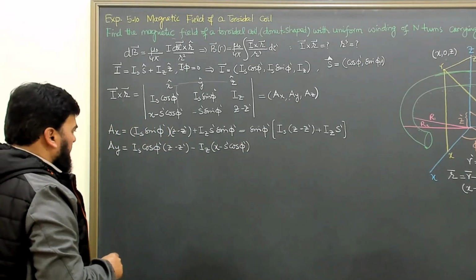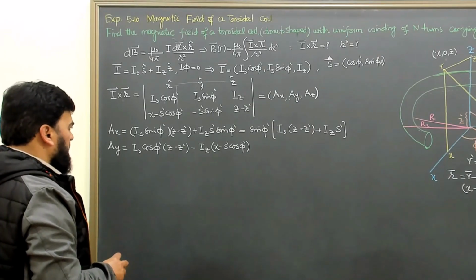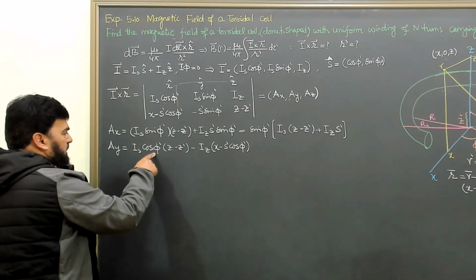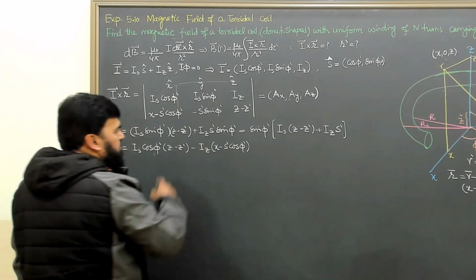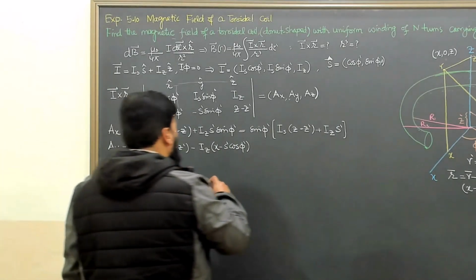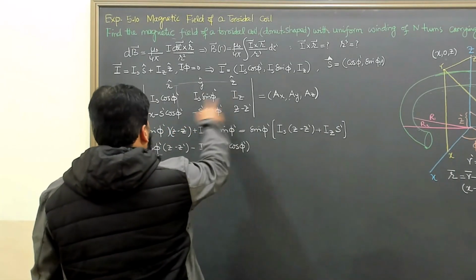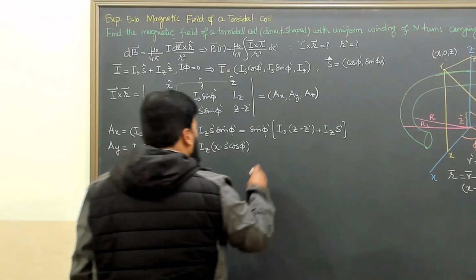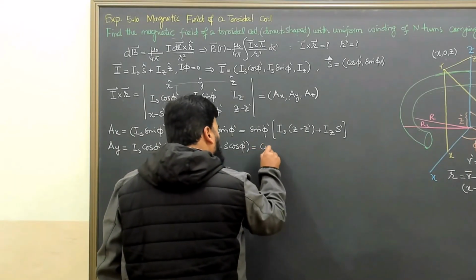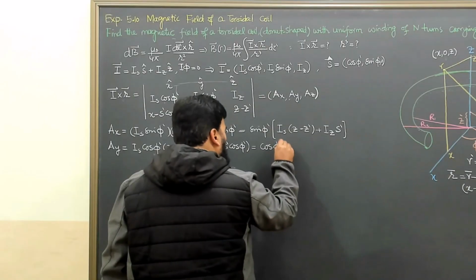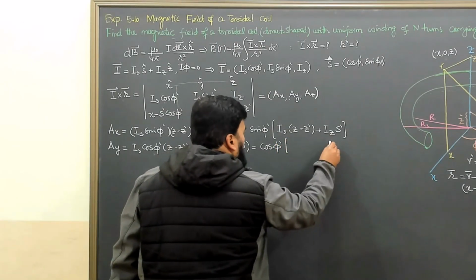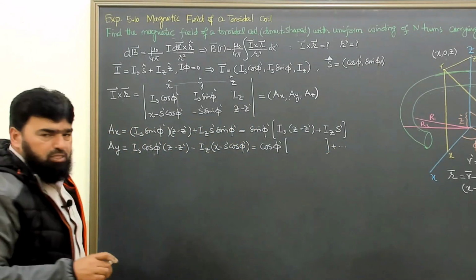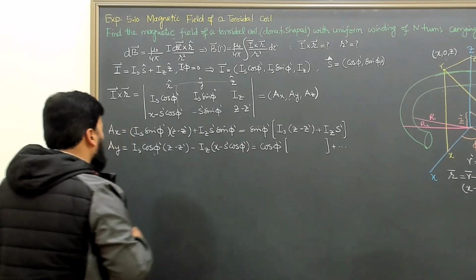If I look at this one, then we have cos phi prime here and cos phi prime here, and we can take cos phi prime common from here, with some terms here and another term here. But cos phi prime is common.